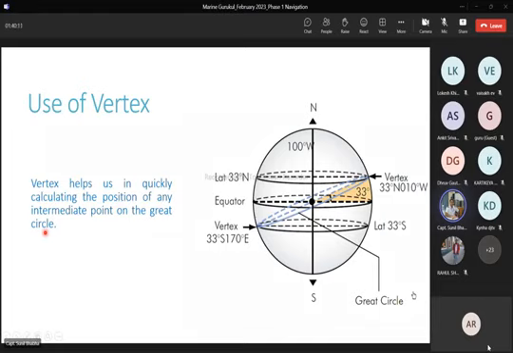We have also found out the initial and final courses. But when we are doing great circle passage planning on board, we also need to calculate or identify intermediate positions on the great circle track. These intermediate positions act as waypoints and help us to plot our great circle passage on the chart. Now, vertex helps us in quickly calculating the position of these intermediate positions.